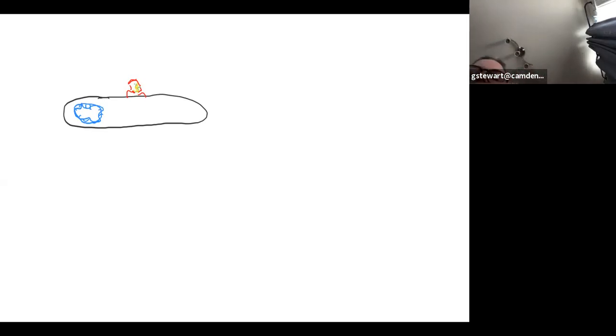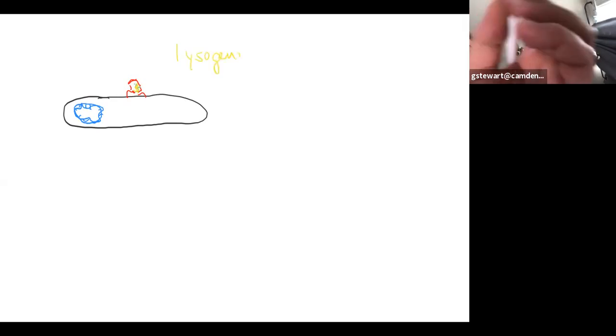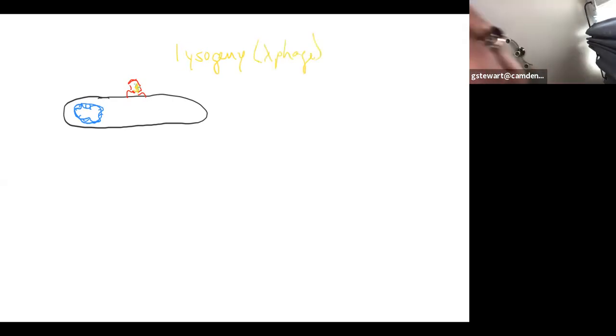Right, so in the case of a lysogenic phage, a lambda phage is the poster child for that, and its host is E. coli, just like the T even phages are the poster child for lytic phage, and their host is E. coli. So with a lysogenic phage, your textbook has super oversimplified this.